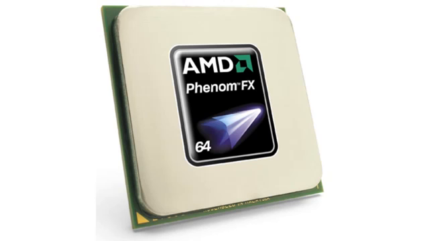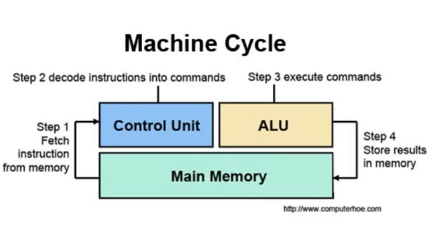The processor follows a cycle known as the machine cycle, and there are four stages in the machine cycle. The first stage is the fetch, which is obtaining the program instruction or data item from memory, which is your random access memory, which I spoke about in the last episode.